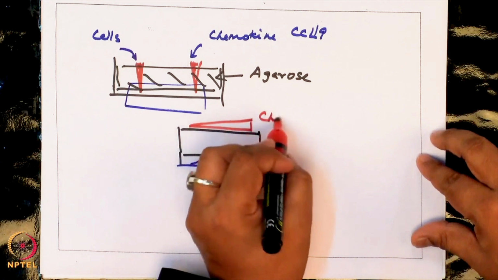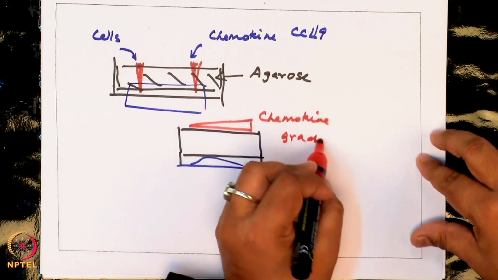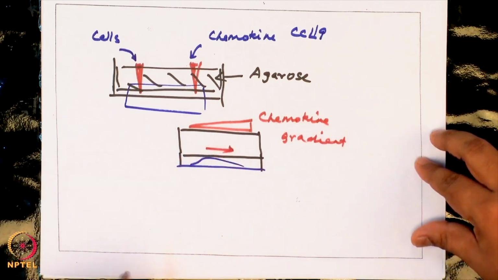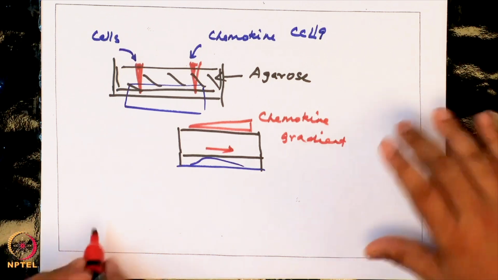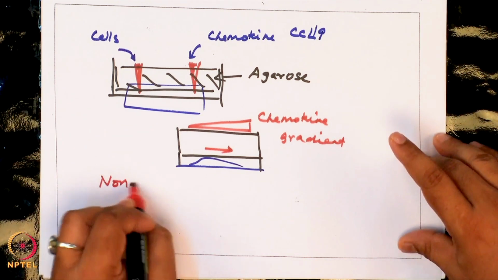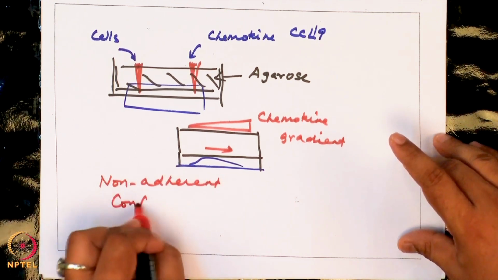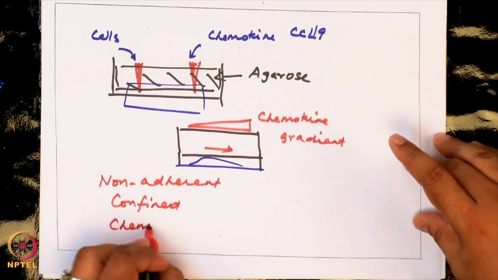This is my chemokine gradient. The cells will migrate from left to right, under confinement and non-adherent conditions. So, it is non-adherent and confined, and it is chemotactic migration.